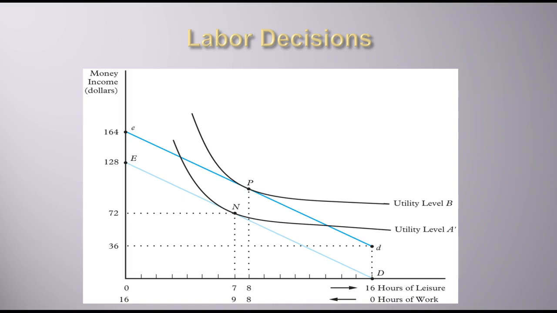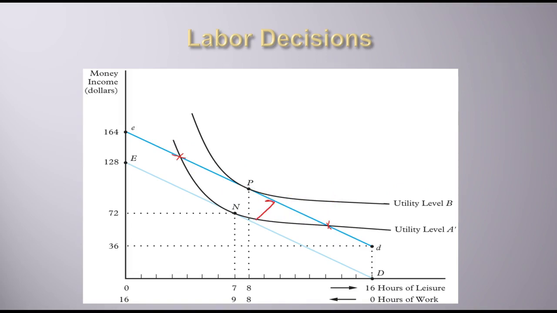Now again, because you want to get to that indifference curve that is furthest from the origin, if you were still on A, right? So if you stay at that same level of utility and you're using all your time, you would choose either this point here or this one here. But you can go further out.